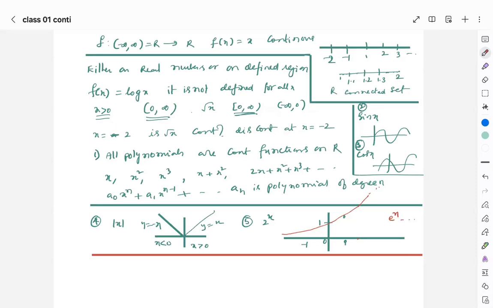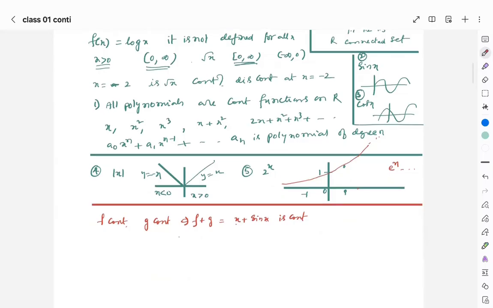Now you have another point here. f continuous, g continuous, then f plus g is continuous. For example, if one is a polynomial and another is trigonometric, the sum is continuous, which does not come under this model. f minus g continuous, f g continuous, f by g continuous provided g not equal to 0.